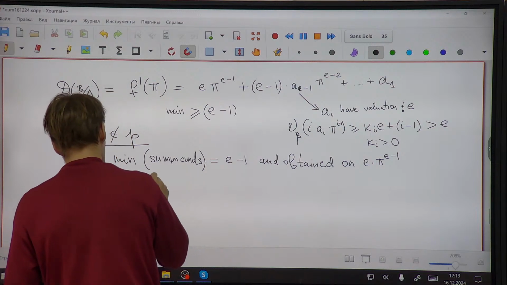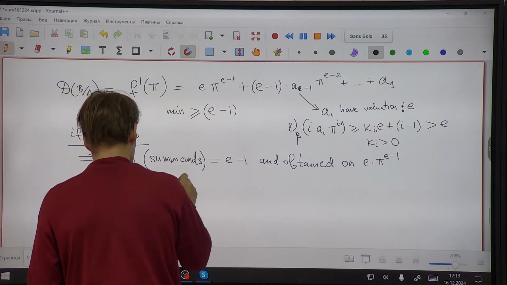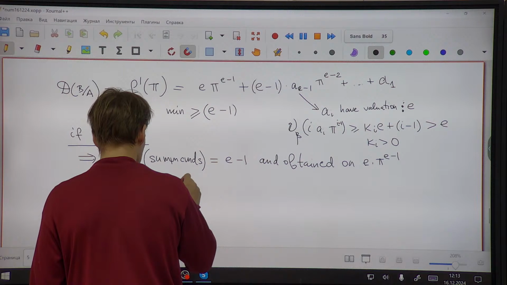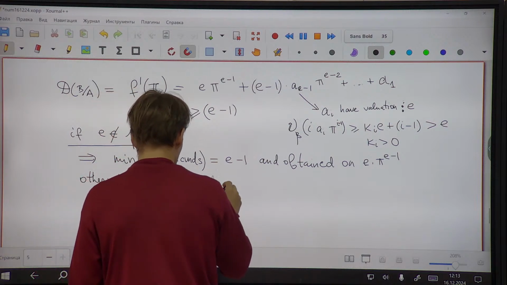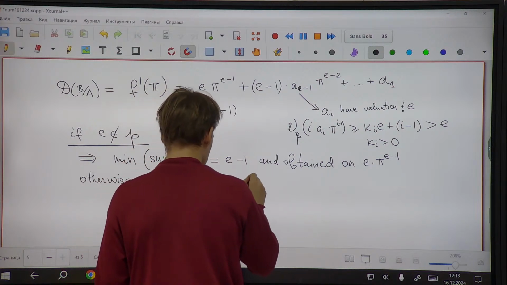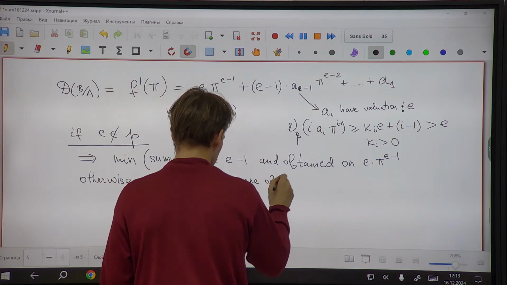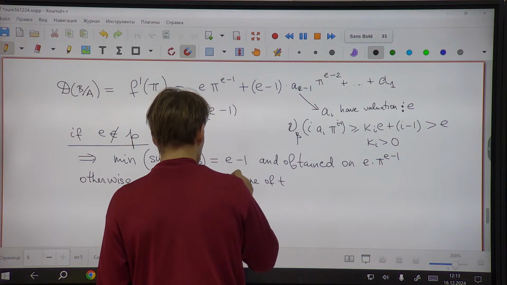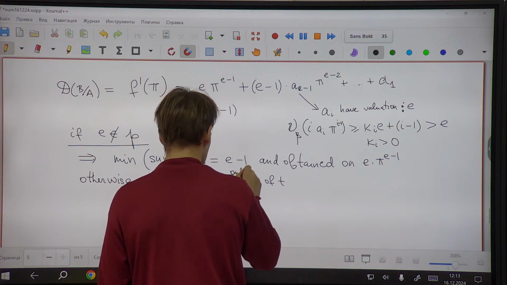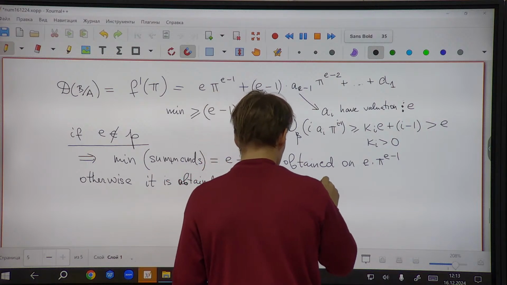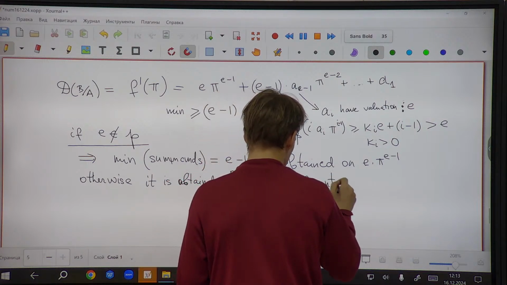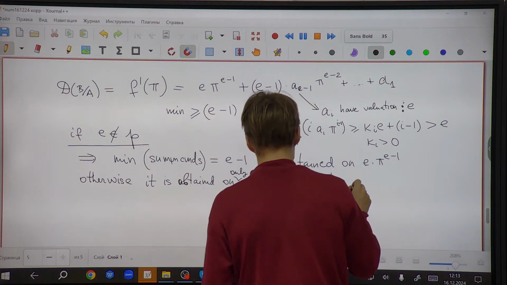It is obtained on only one of the elements, but not clear on which of them.